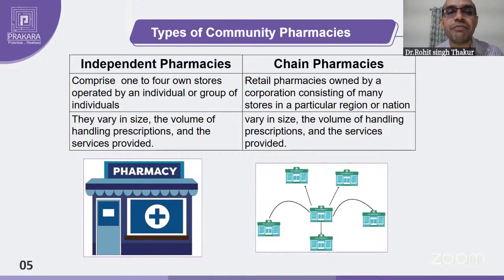Very commonly, in independent pharmacies the individuals are confined to their own stores, where usually a single person heads the pharmacy, or sometimes more than one person as a group heads the pharmacy, at the independent level. Now, community pharmacy very commonly also aims for chain pharmacies.